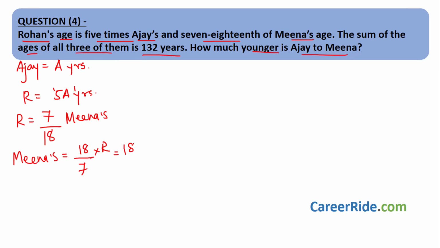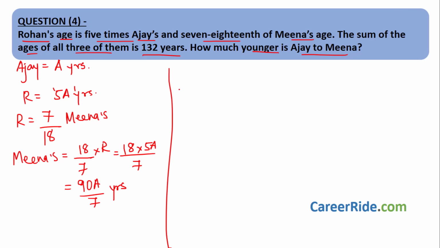So that would be 18 into 5a divided by 7, that would give us 90a by 7 years. Now, they have given the sum of ages of all three: Ajay's age, a years, plus Rohan's age, 5a years, plus Meena's age, 90a upon 7, is equal to 132 years, right?